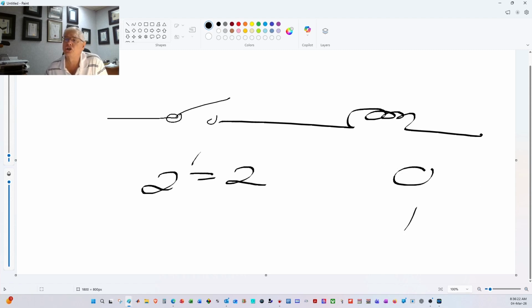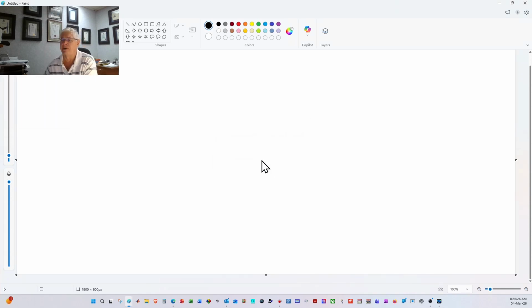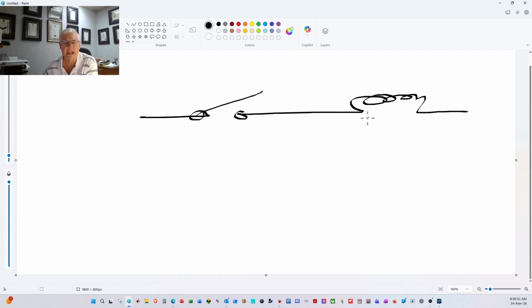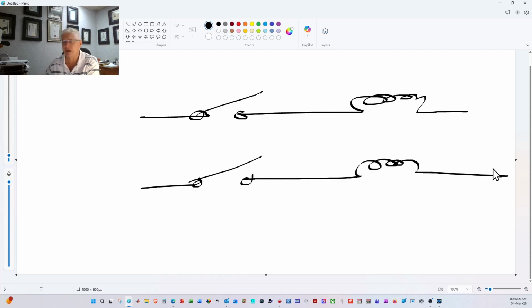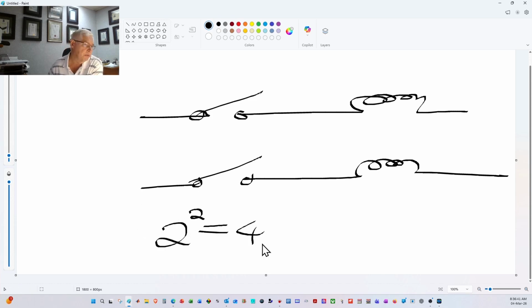Now, what if we were to go and double that up? If I was to put in a second switch with its own light, and the first switch is still there with its own light, I've now got two switches. So it becomes 2 to the power 2, which is going to be 4 combinations. In the case of one switch, the light was either off or it was on.